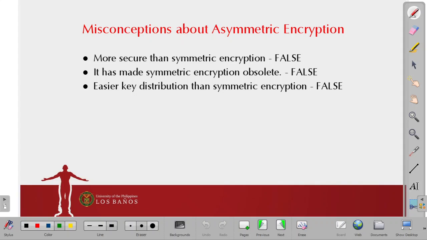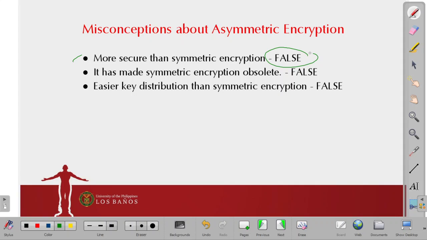Now, before proceeding, let's address some of the misconceptions about asymmetric encryption. The first misconception is that asymmetric encryption is more secure than symmetric encryption. This is false. Recall that the properties of a good encryption algorithm depend on many factors, and one of them is the encryption algorithm and the key size.